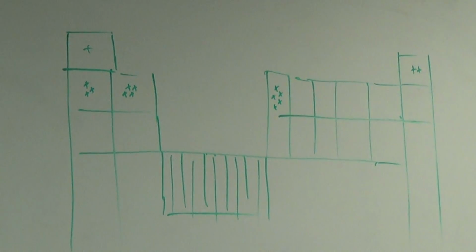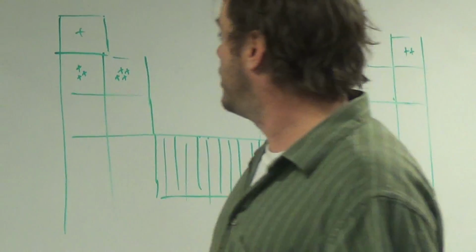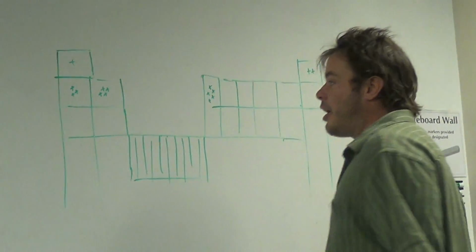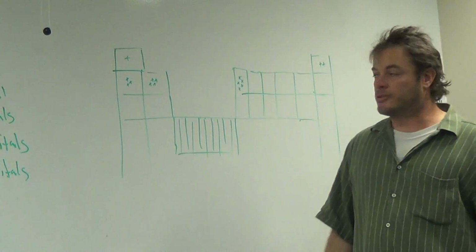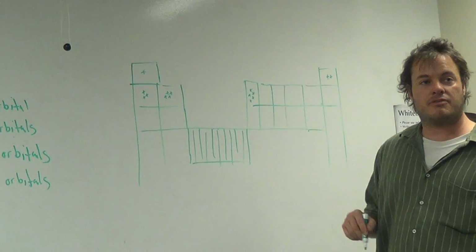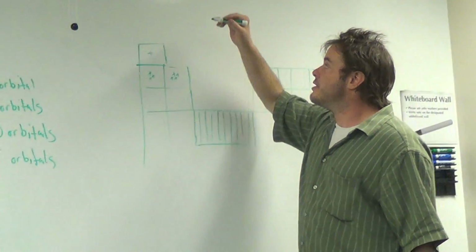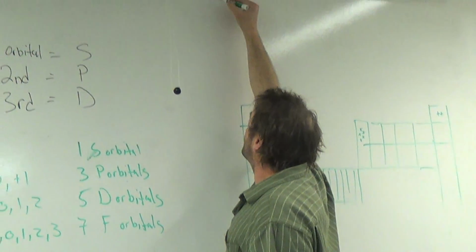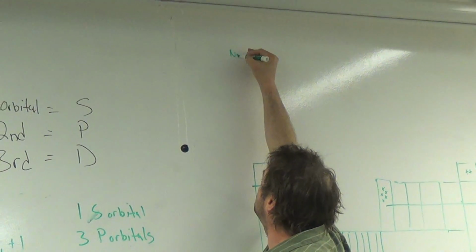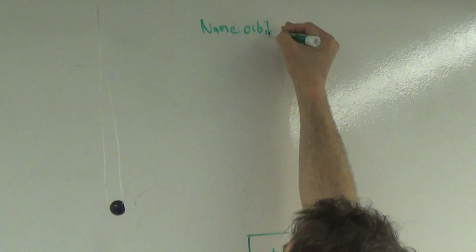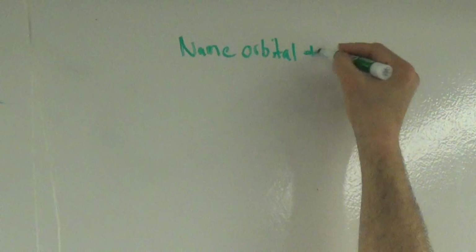We're building these guys up, and with each proton, we need to have an accompanying electron, and we need to be able to write the configuration. There's two ways to write a configuration. Mechanism one that you guys learned is to name the orbital and occupation number.